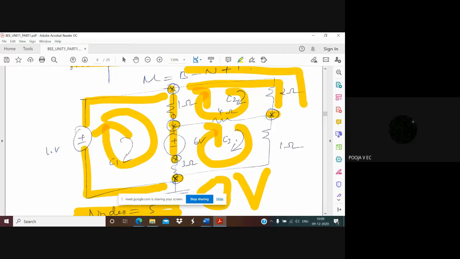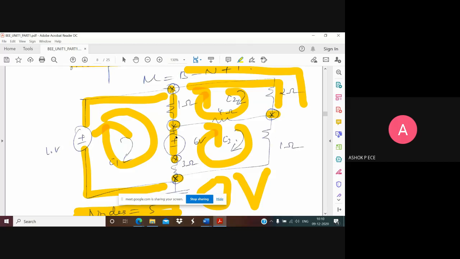I couldn't understand why in the center wire, above the 3 ohm, you have marked a node. This is a voltage source, right? Whenever you have a voltage source or current source, both ends of the source should be nodes. That is a rule. But below that also there is a node, no?